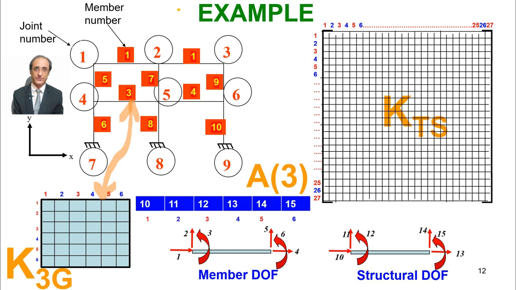So that means what will be the association matrix? 6 elements we have to write in this association matrix: 1, 2, 3, 4, 5 and 6. So what will be written in the association matrix? 1 corresponds to 10. So we write here 10, 11, 12.